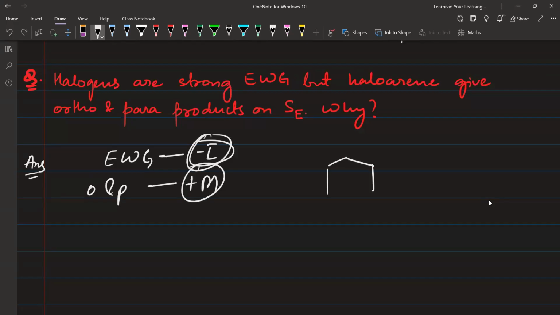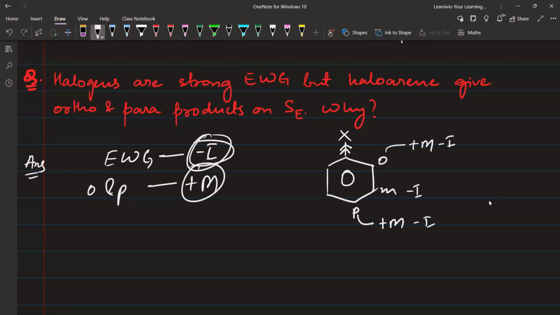Minus I does not have any control on where the electron density is. What minus I does is that it decreases the electron density from the complete benzene ring. Suppose we have halogen atom X, it decreases the electron density from the complete benzene ring. But if I compare the electron densities at the ortho, meta, and para positions, the ortho position gets plus M effect and the para position gets plus M effect, although these are also getting minus I, but the meta position only gets minus I effect.